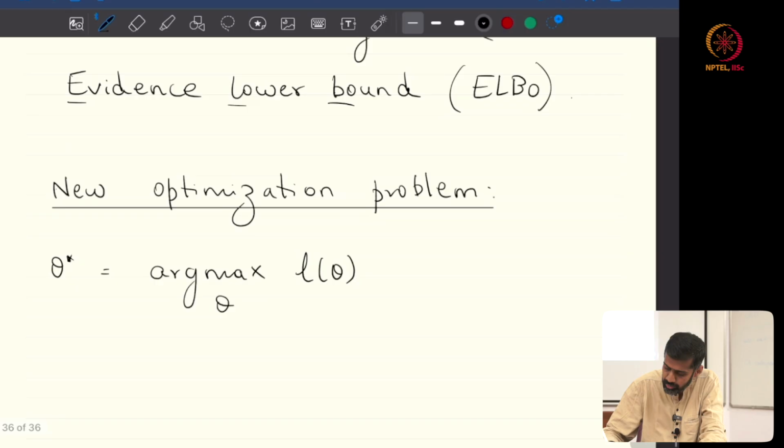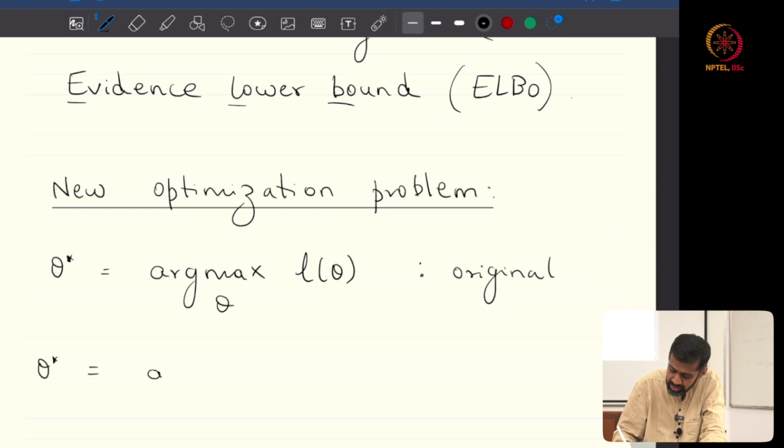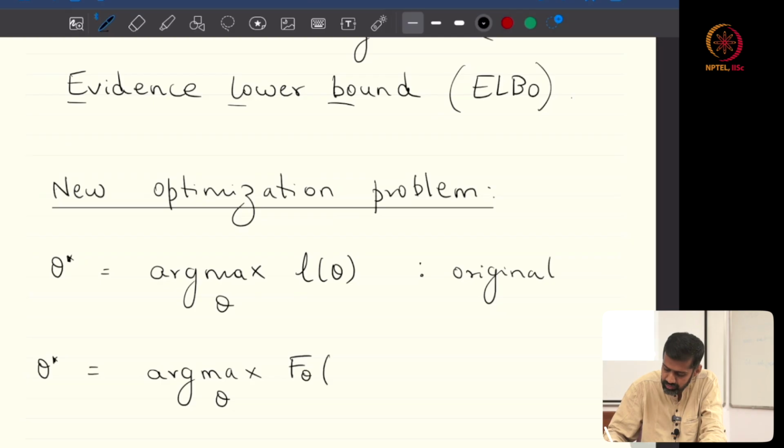This was the original problem. Now instead of this, we will find our theta star that would maximize not the likelihood function but a lower bound on it. This is the modified, new optimization problem.